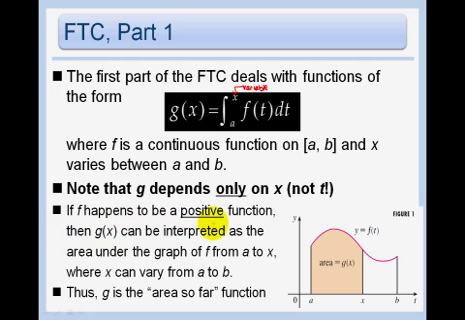If f happens to be a positive function, then g of x can be interpreted as the area under the graph of f from a to x, and x is between a and b. Thus, g is the area so far function, and I like to call it the accumulator function because as x gets bigger, the area gets larger.